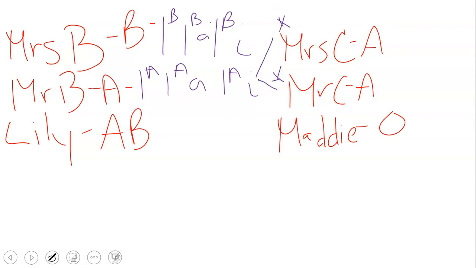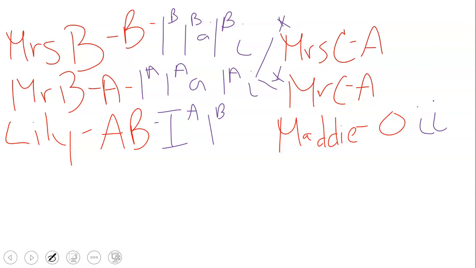Now Lily has to be IA, IB. You could do a capital I, or I'm sorry that I wrote it like that. And Maddie's going to be little i, little i. Okay, so the question is does Lily belong to Mr. and Mrs. Brindisi, and does Maddie belong to Mr. and Mrs. Crocker? And hopefully by looking at this, you'll say, yes, a switch has not occurred, right? So there's been no mix-up.